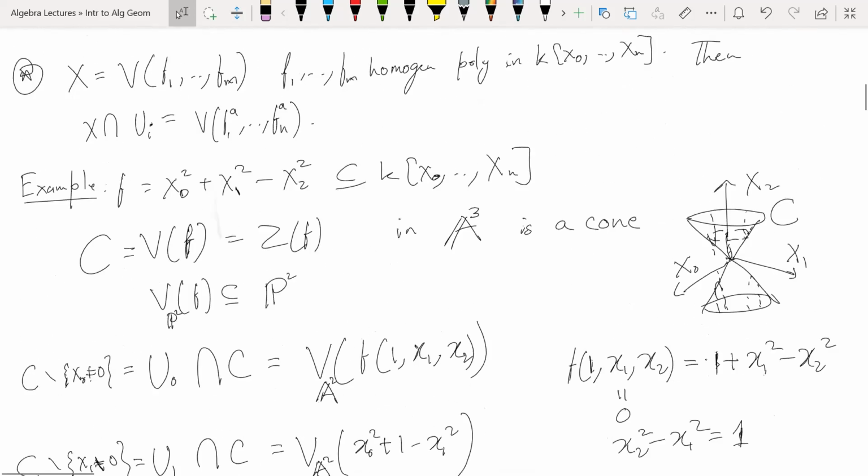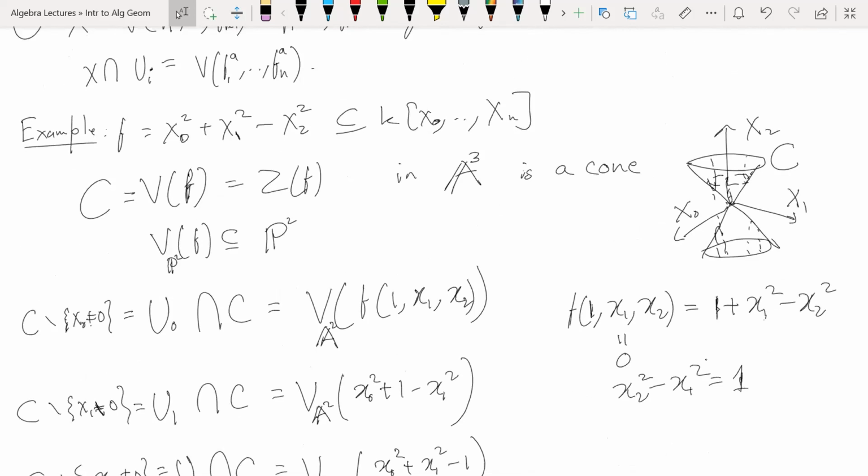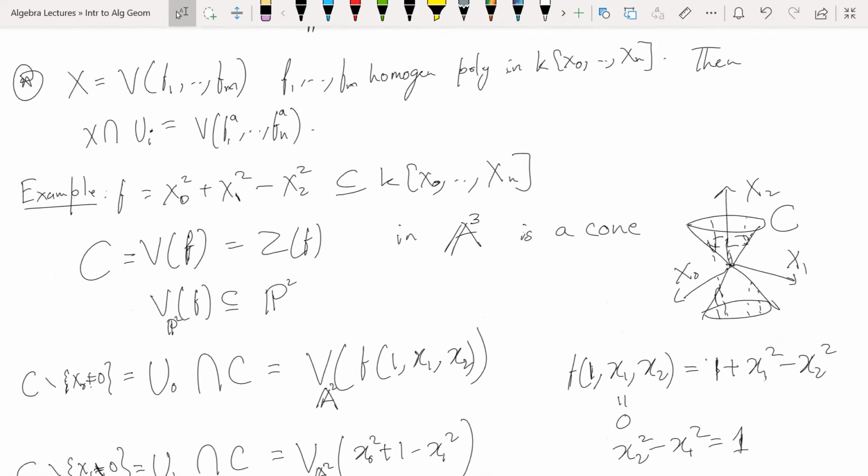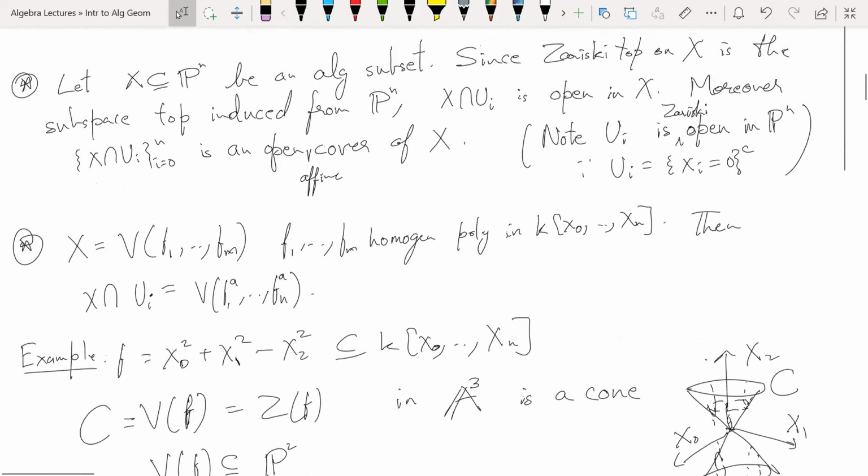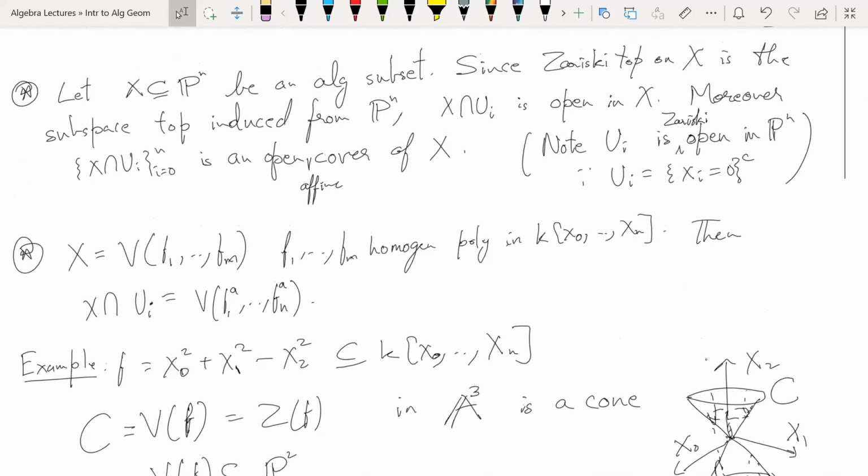I hope this dehomogenization makes sense. If you want to see how these projective varieties look in these various affine open subsets, this is the operation you do.